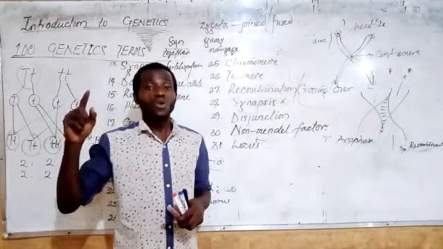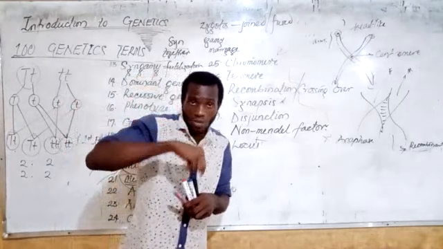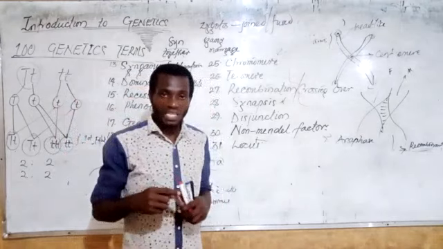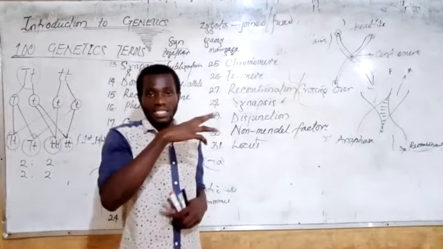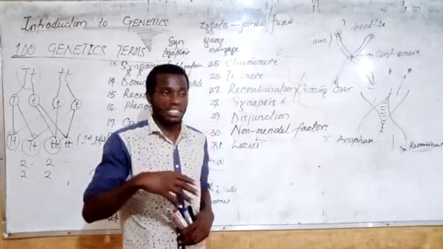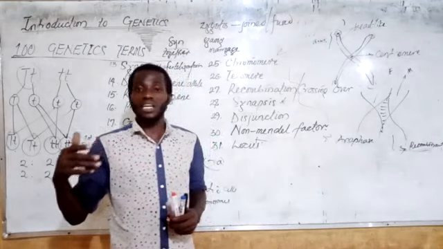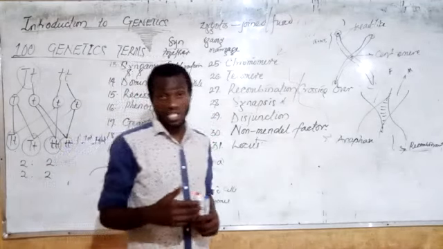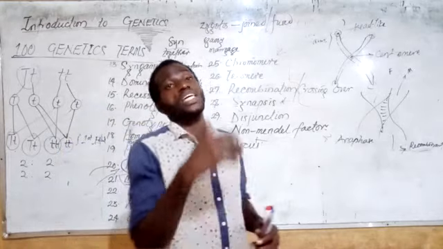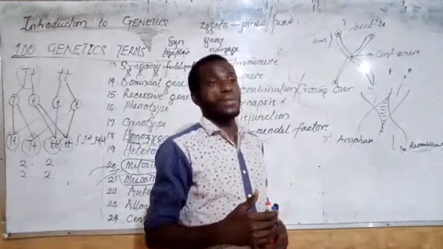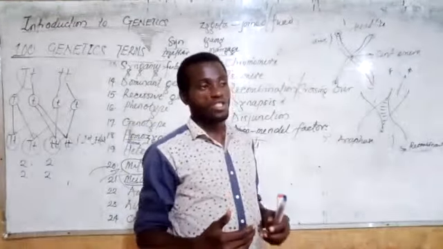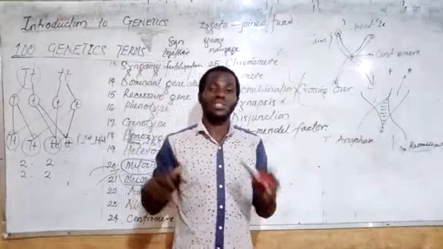Some other genes also affect the expression of a particular gene, and that phenomenon is called epistasis. We are going to talk about it before the end of this video. We also have polygenic characteristics, especially the trait tallness or height. It is not just the gene for tallness alone that affects that.